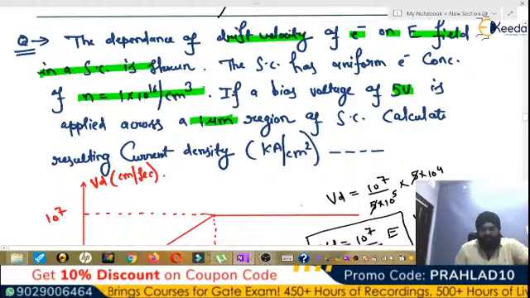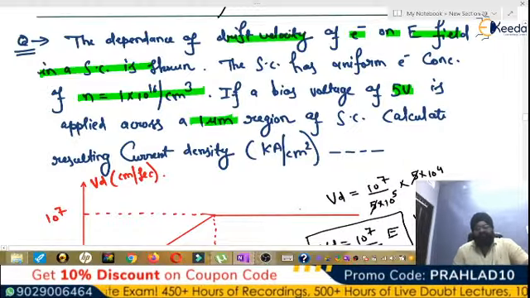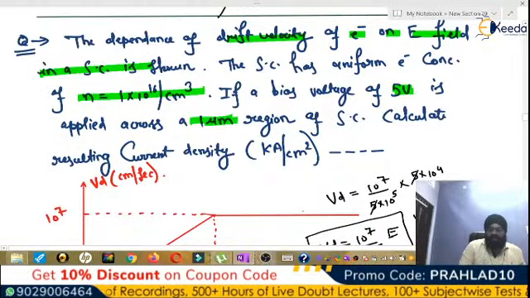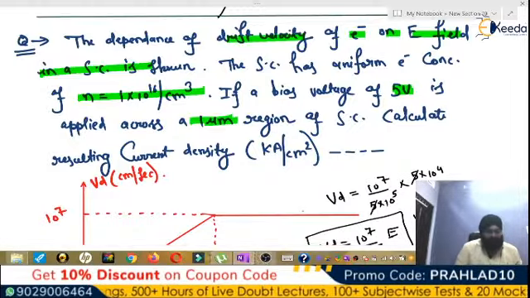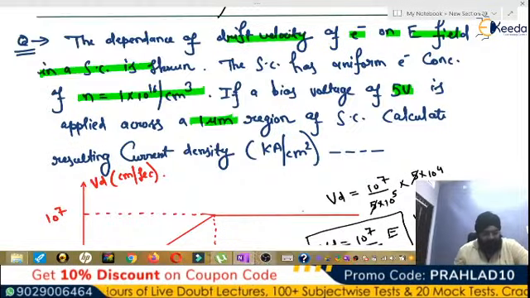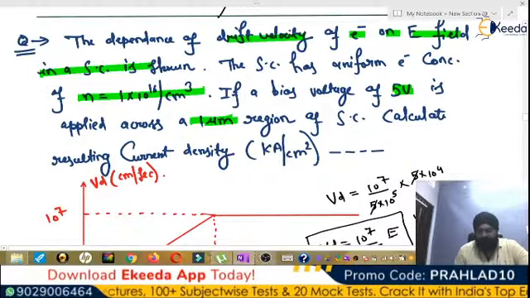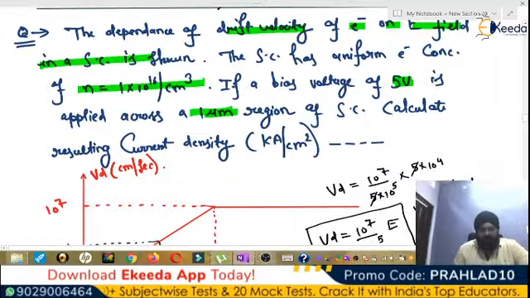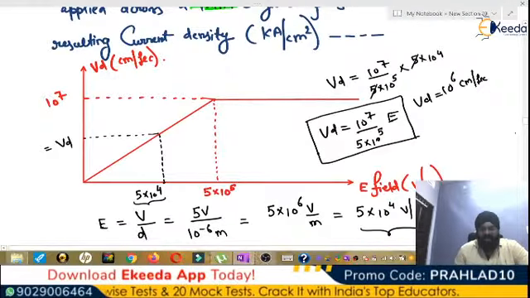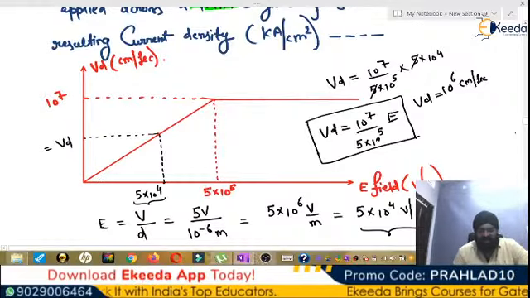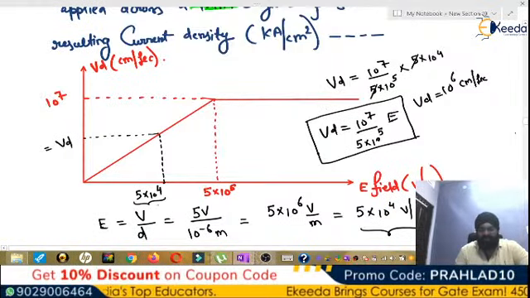If a bias voltage of 5 volt is applied across a 1 micrometer region of the semiconductor, calculate the resulting current density in kiloampere per centimeter square. And this graph is shown in the figure here. So the electric field versus VD graph is given. Initially it is a linear graph and then it is saturated.